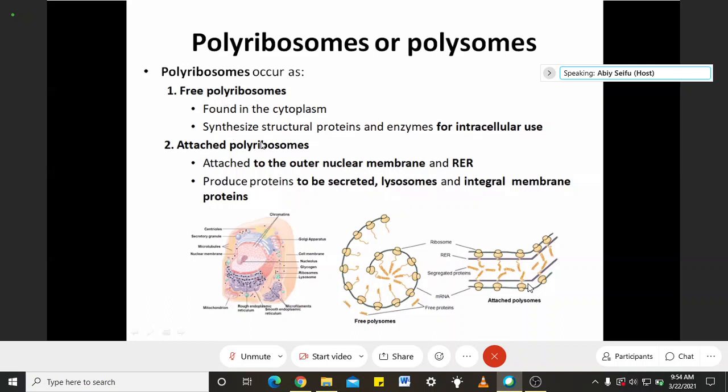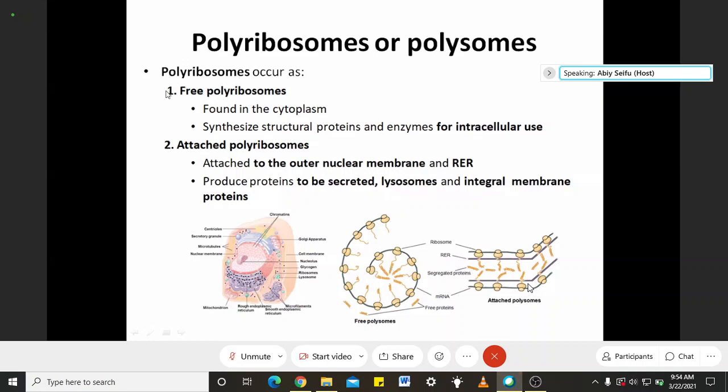So in this manner, we have two types of polyribosomes. One are found freely within cytoplasm. They are active. They are engaged in production of proteins, but these proteins remain within the cell. Whereas the second type of polyribosomes are to be released out of the cell.